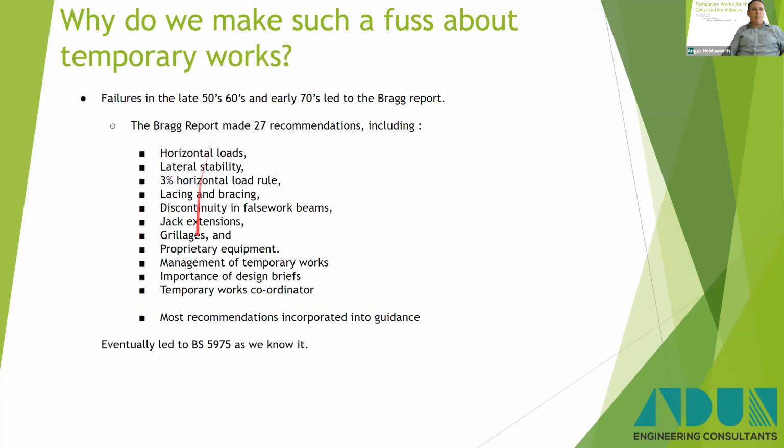The key ones that I've picked out are horizontal loads, looking at lateral stability, applying 3% as a horizontal load to formwork and falsework structures. That's been down to 2.5% typically in 5975.